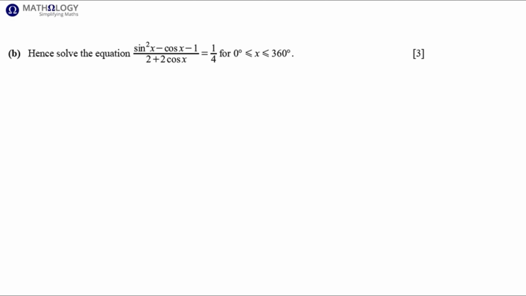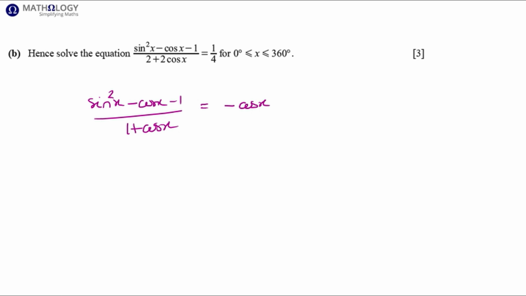Hence, solve the equation (sine squared x minus cos x minus 1) over (2 plus 2 cos x) equals a quarter, for x an angle between 0 and 360 degrees. Okay, now we have just shown that the expression (sine squared x minus cos x minus 1) over (1 plus cos x) equals minus cos x.